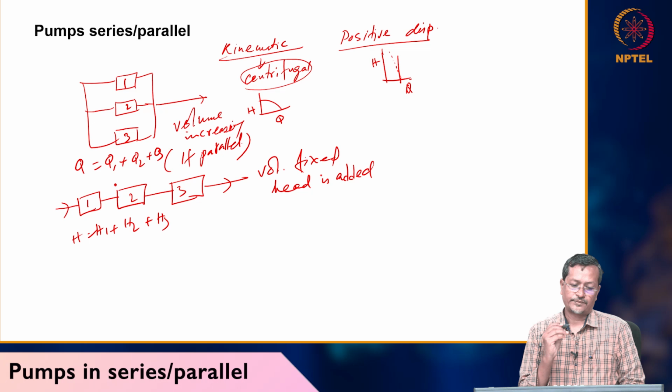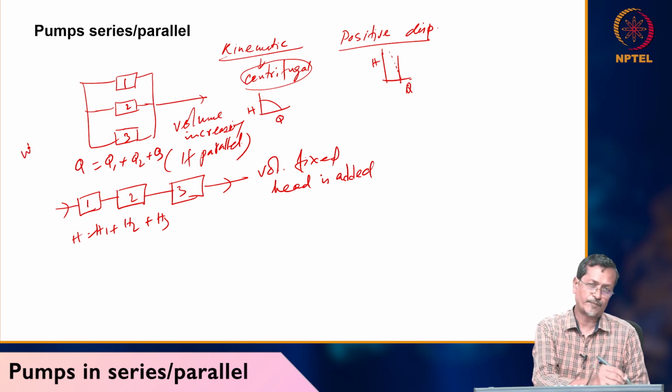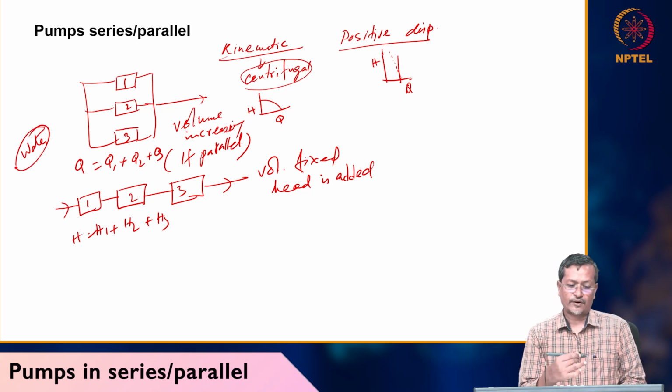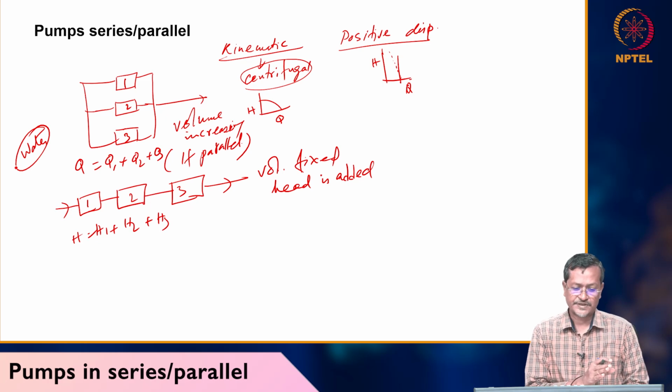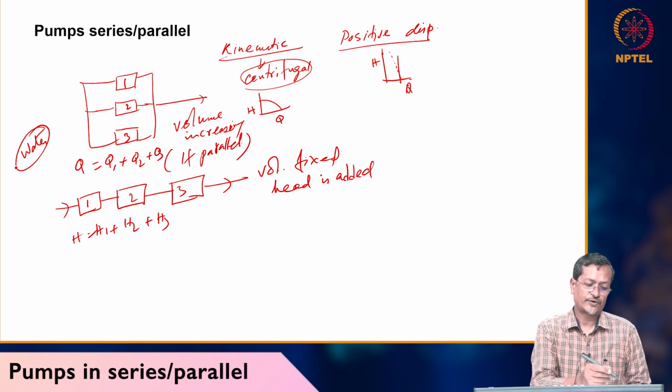We are assuming this is incompressible flow. Water does have compressibility, but we are not compressing it at that level where significant compression can be observed. So in practical application we assume water is incompressible. Then head equals H1 plus H2 plus H3, and Q equals Q1 plus Q2 plus Q3 for two different cases.